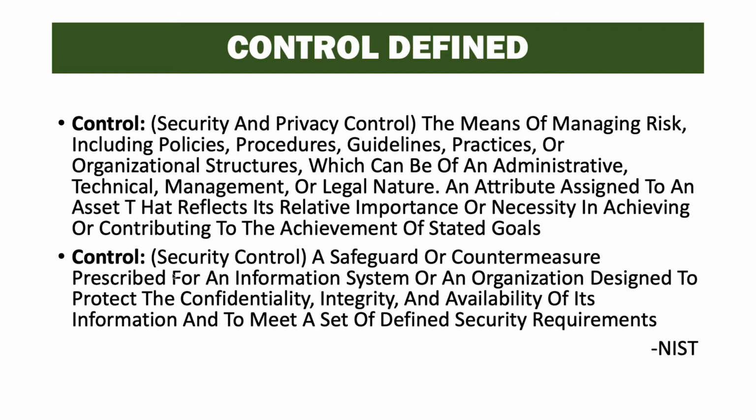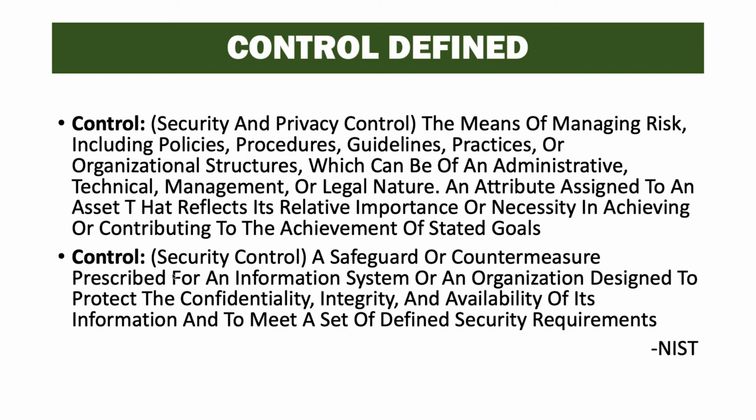A control, and in this case we're talking about security and privacy controls, is the means of managing risk, including policies, procedures, guidelines, practices, or organizational structures, which can be administrative, technical, management, or legal in nature. An attribute assigned to an asset that reflects its relative importance or necessity in achieving or contributing to the achievement of stated goals. That's one definition.